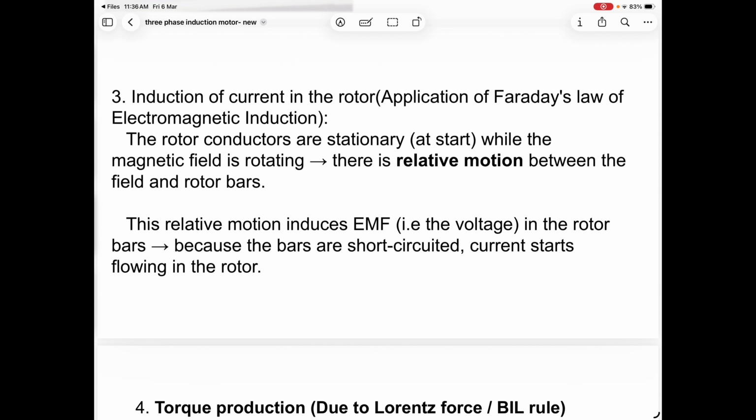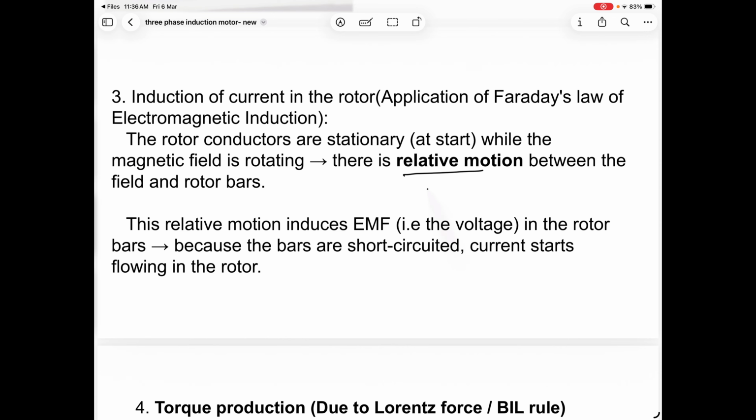Now, induced current in the rotor. What we can see is that the rotor conductors are stationary initially. That is, at start, the rotor conductors are stationary while the magnetic field is rotating. So there is a relative motion.